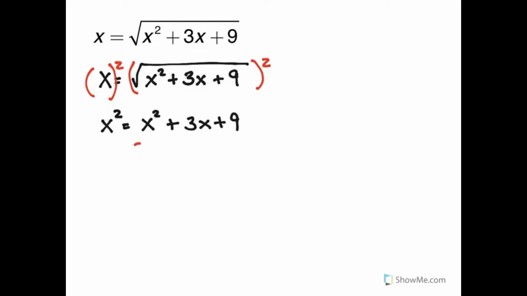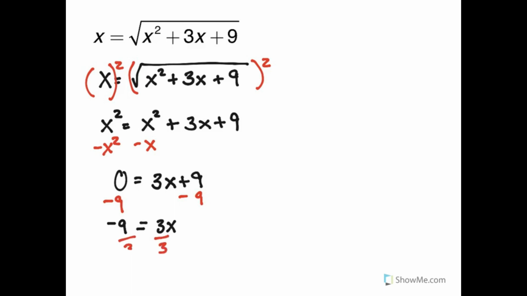If I subtract x squared from each side, I get a nice little equation. 0 equals 3x plus 9. And so I can subtract 9 and get 3x equals negative 9, and divide by 3 and find out that x equals negative 3.